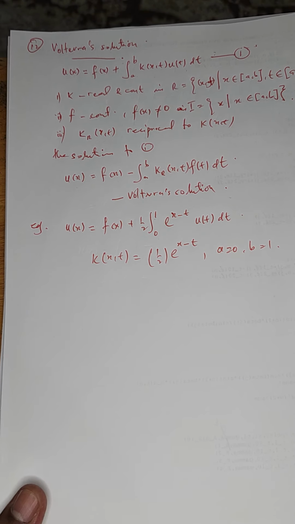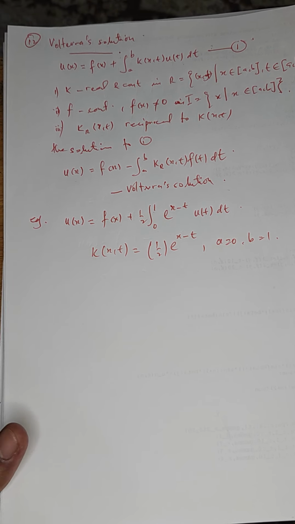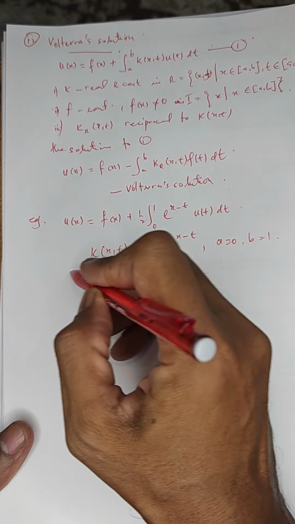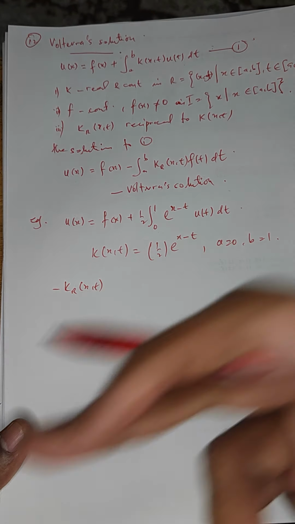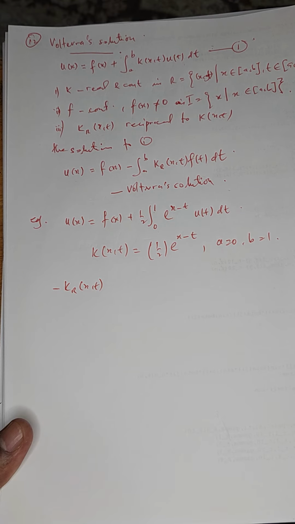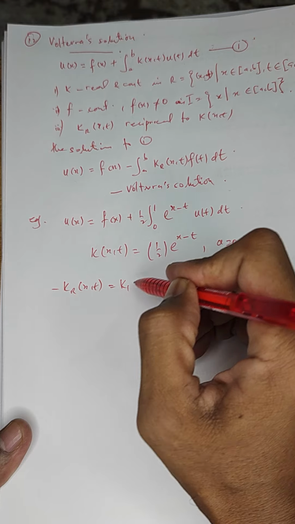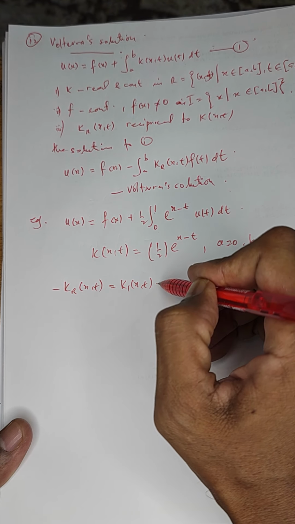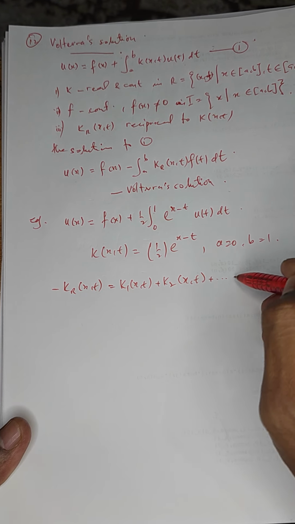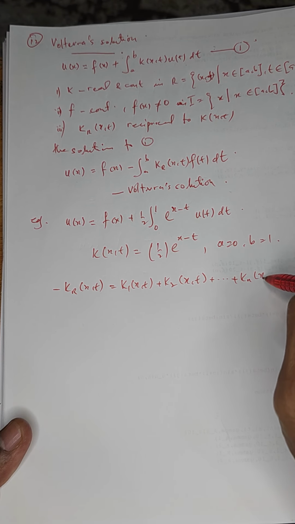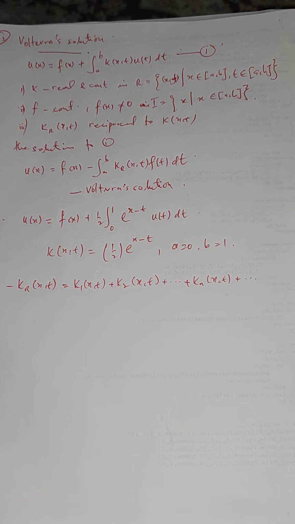We know that the reciprocal function k_r can be written as minus k_r(x,t), from the previous video number 11, as k_1(x,t) plus k_2(x,t) and so on, k_n(x,t) and so on.